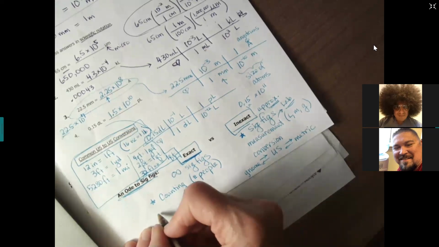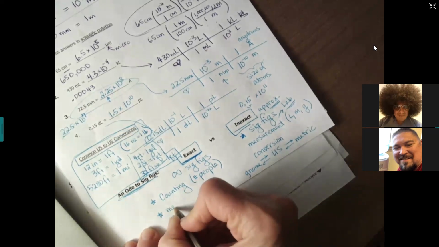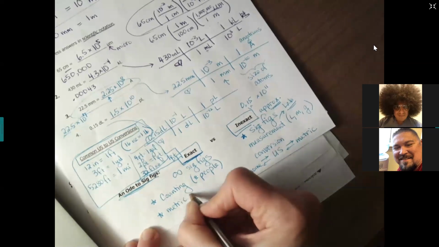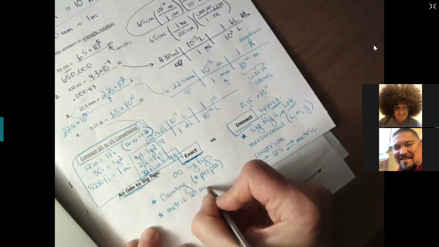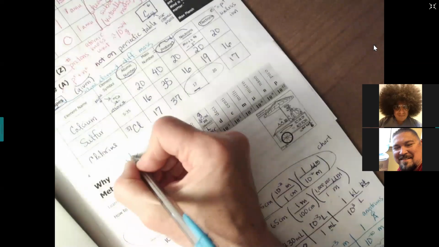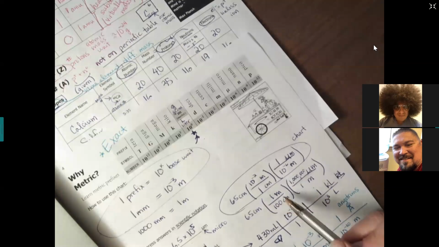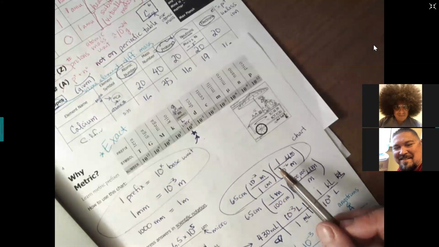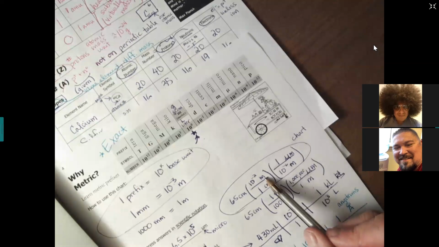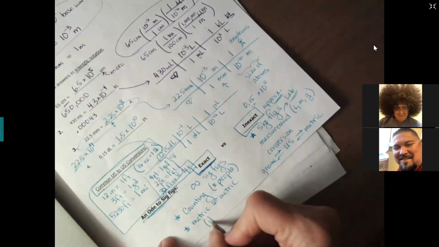The other thing that is exact is if you're within metric. So metric to metric, so what we just did on this page, these are exact. So 100 centimeters is 1 meter, or a centimeter is 100th of a meter. That is what is called a definition.